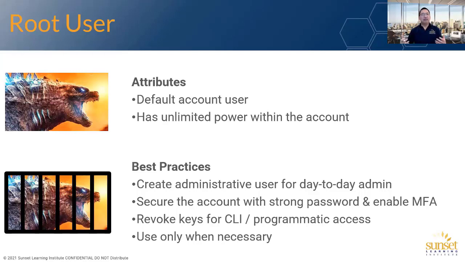The root user should never have those keys associated with them, because if those keys were compromised, somebody could programmatically, over the network, access all of your resources and compromise your environment. So we lock away the root user, and we only use that root user when we absolutely have to. There are some things that only the root user can do within our accounts.